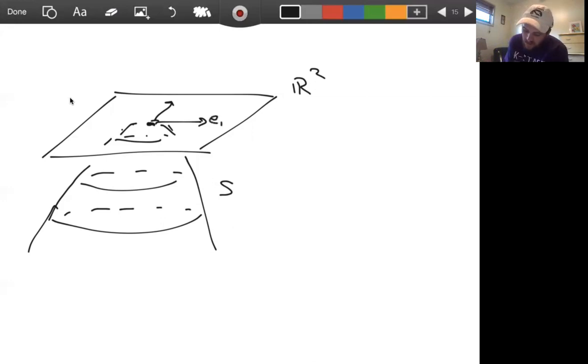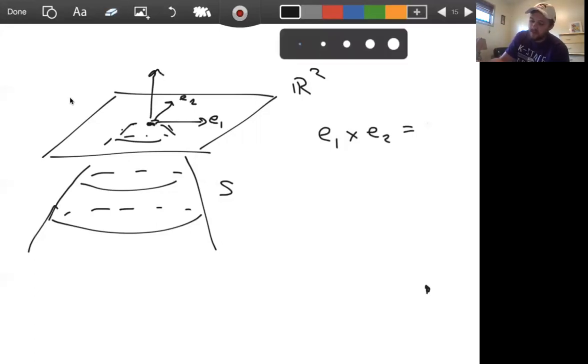And if we chose E1, E2, where E1 comes first, then if we took E1 cross E2, we would get some vector E3, which is perpendicular to both E1 and E2. This is actually a normal vector.